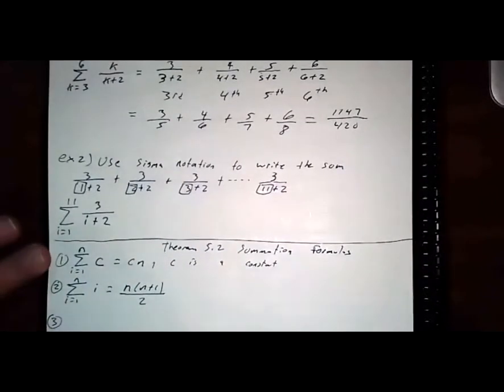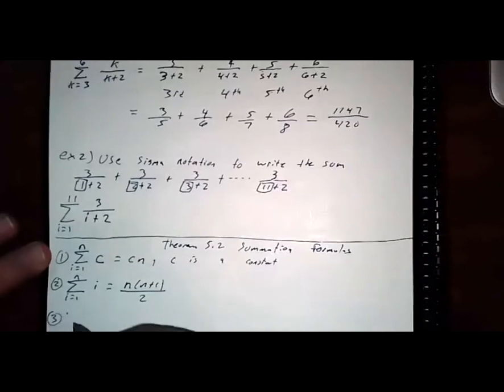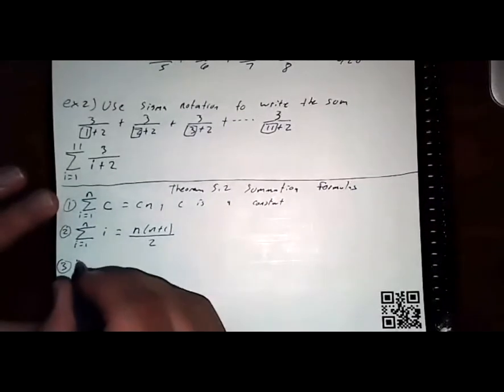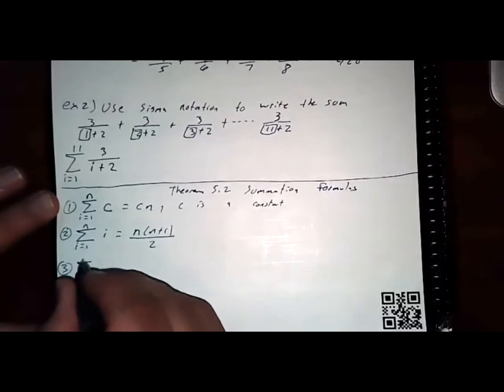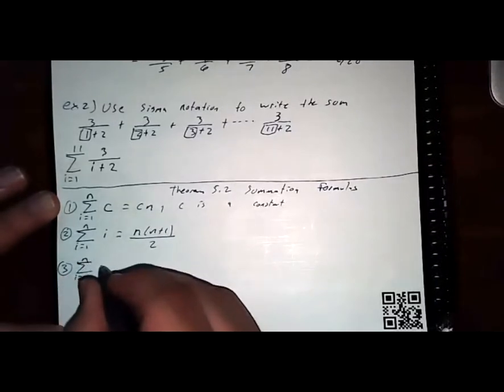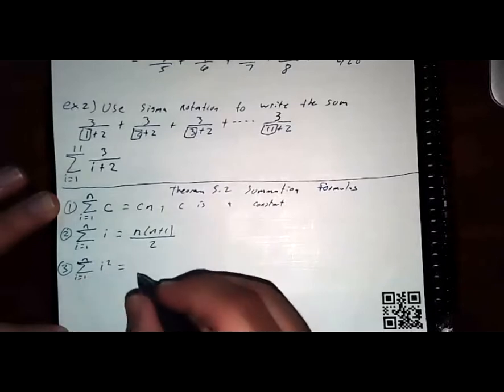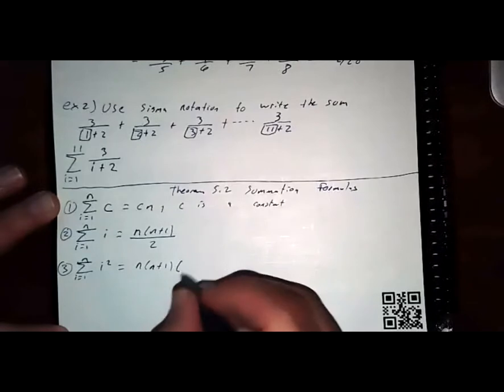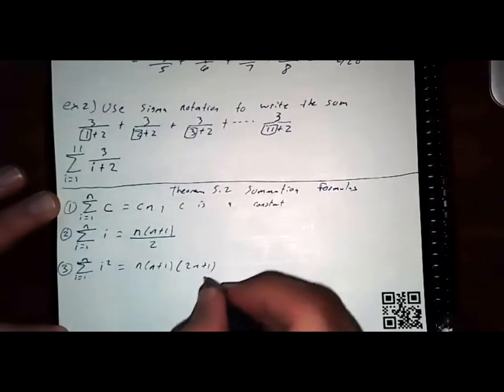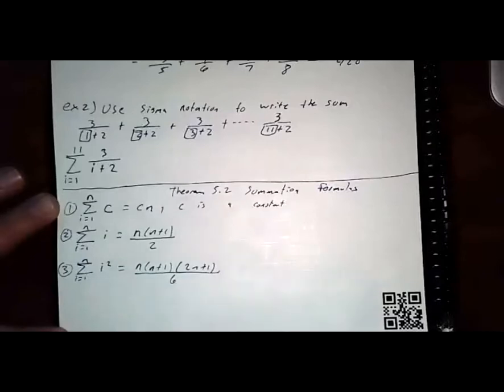Number three, summation from i equals 1 to n of i squared, that will become n times n plus 1 times 2n plus 1 over 6.